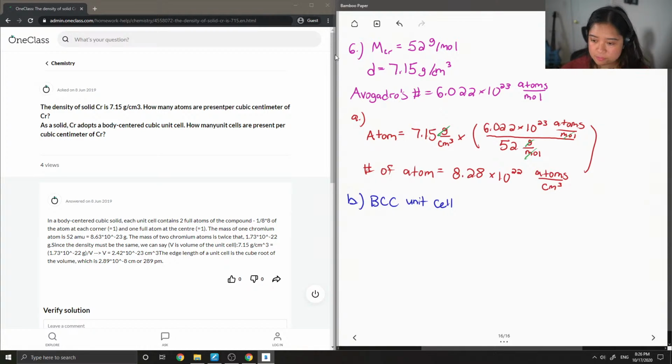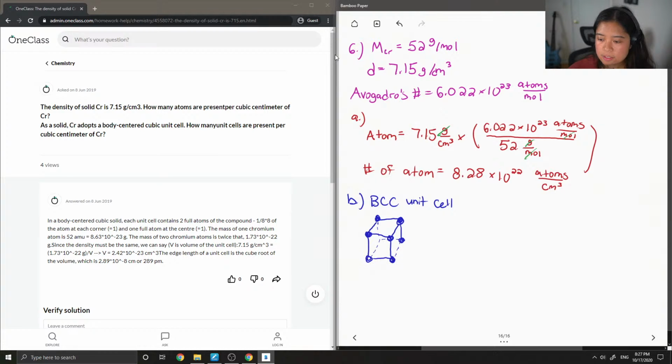I'm always really bad at drawing these, but basically you have your cube. And then these are all of the atoms in each corner here.